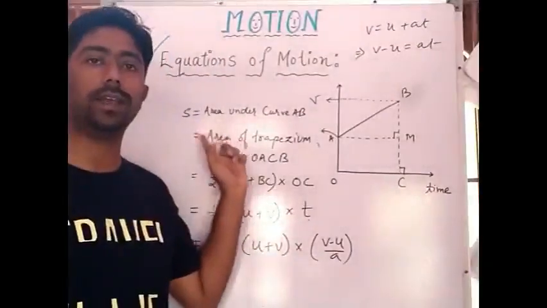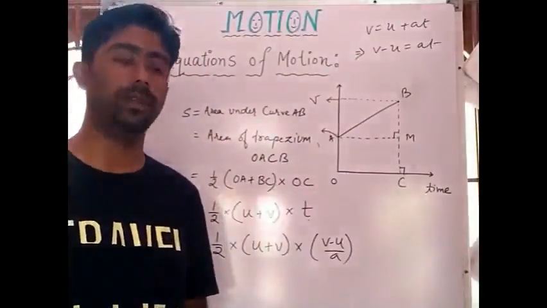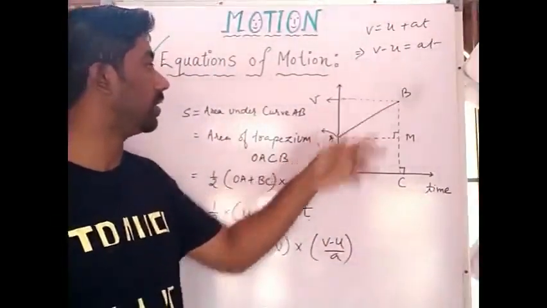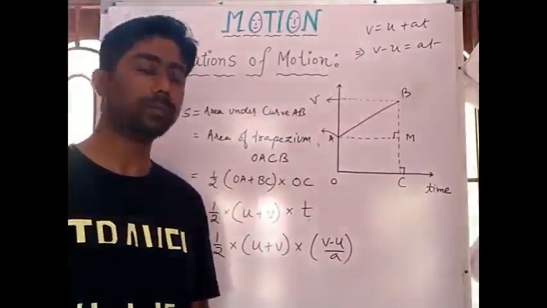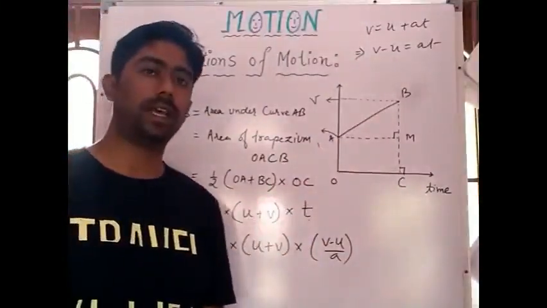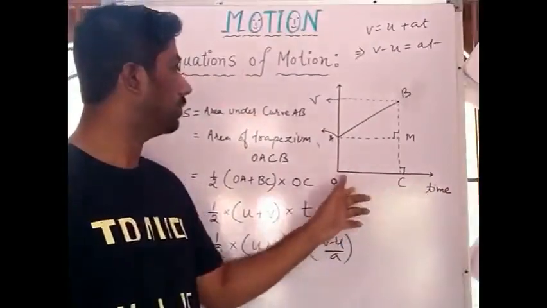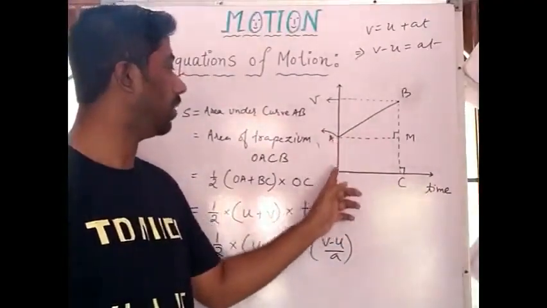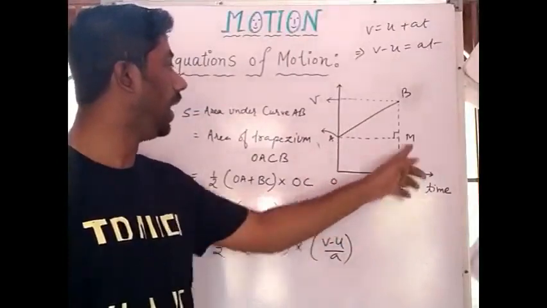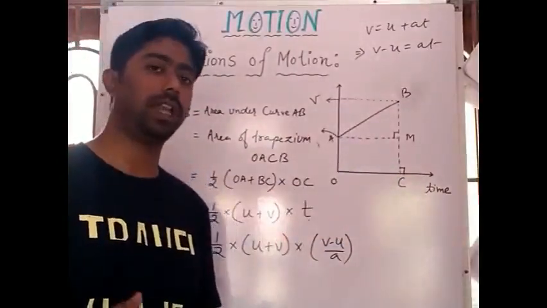What is S here? S represents displacement. Displacement is area under the graph or curve AB. Now, area under this graph, just like in the last case, is the sum of area of rectangle OCMA plus AMB. That was for the last case.